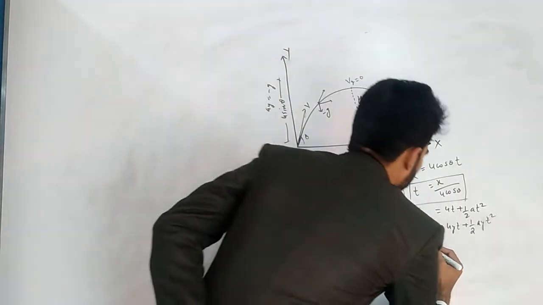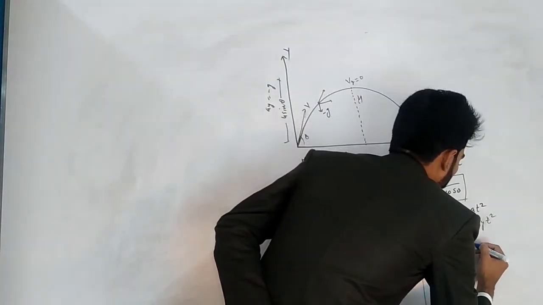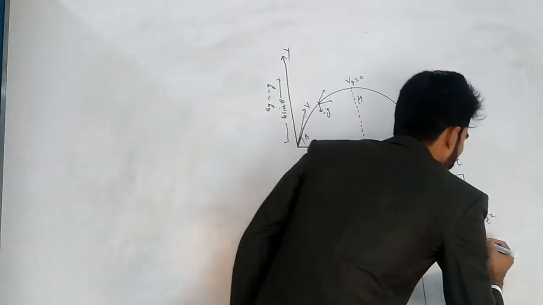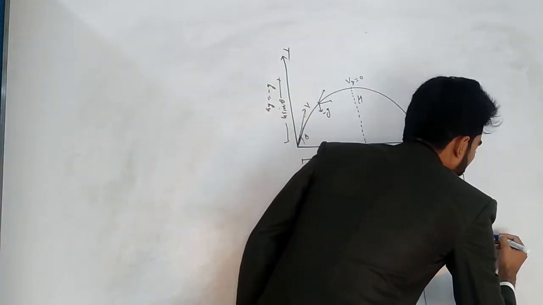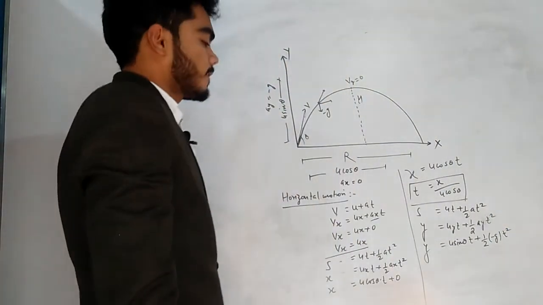So we can say that y, the y distance, we can find out: uy is u sine theta into t plus half into ay, which is equal to minus g, into t whole square.